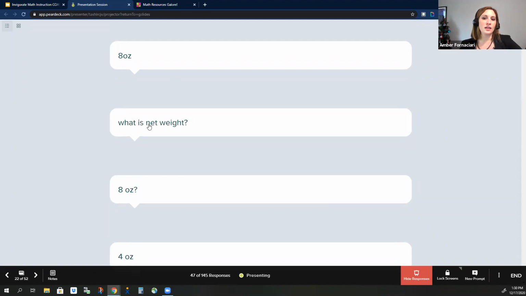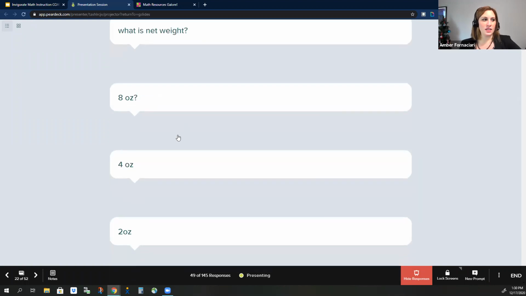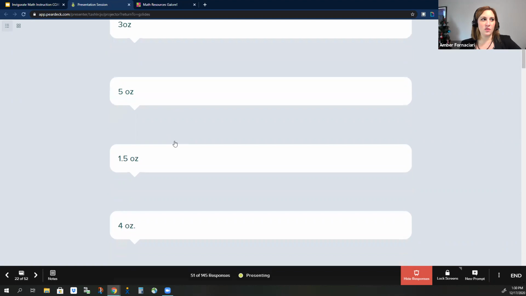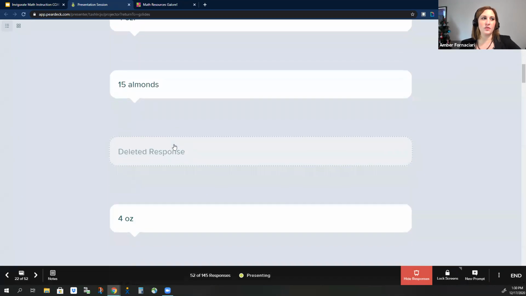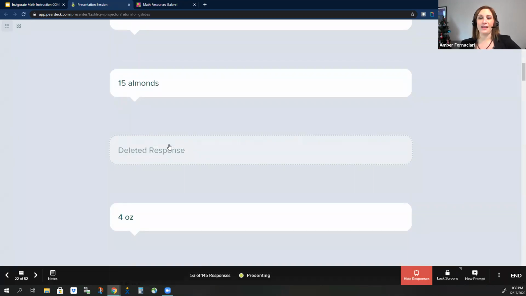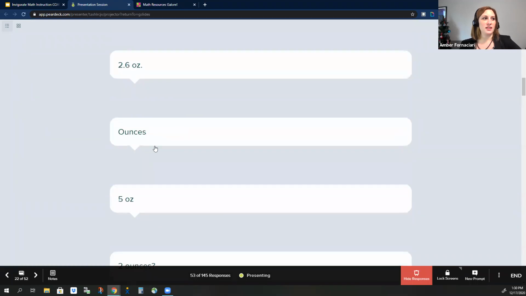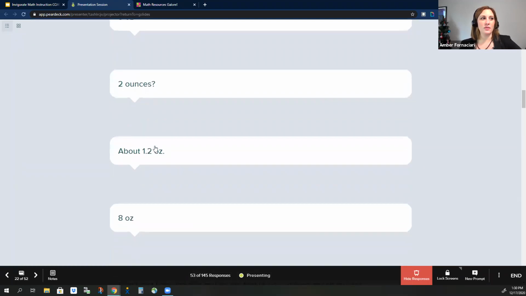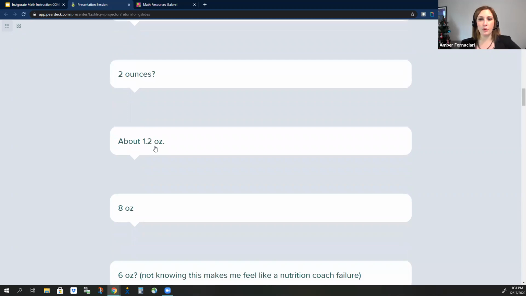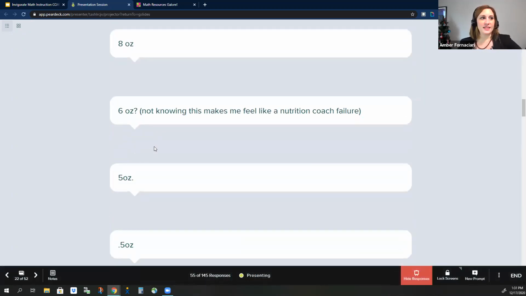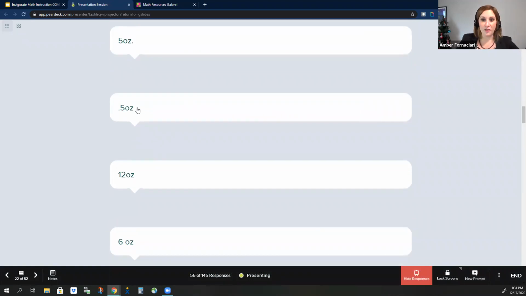Look at this. What is net weight? Yeah, what is net weight? 8 ounces, 4 ounces, 2 ounces, 3 ounces, 5 ounces, 1.5, 4 ounces, 15 almonds. I like that. 4 ounces, 2.6 ounces, 5 ounces, 2 ounces, about 1.2 ounces, 6 ounces, 5.5 ounces.